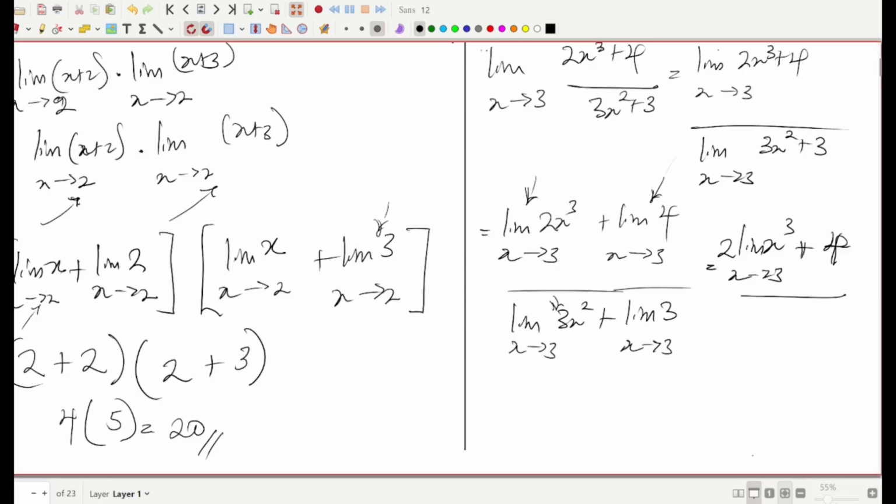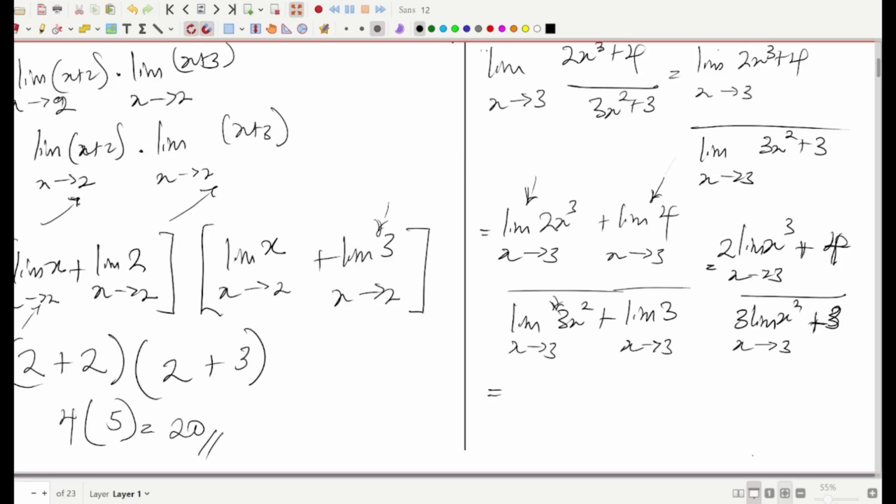We have a constant here. You can move it inside and out of the limit expression. So we have 3 times the limit of x squared as x approaches 3 plus the limit of 3. Since 3 is a constant, the limit of 3 is 3, regardless of any variable approaching some value.